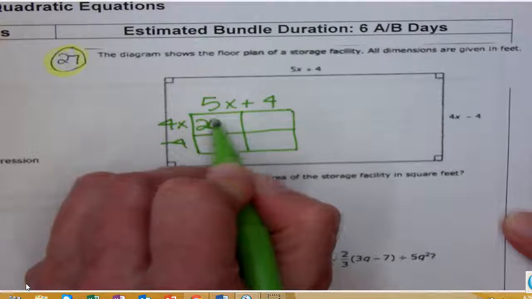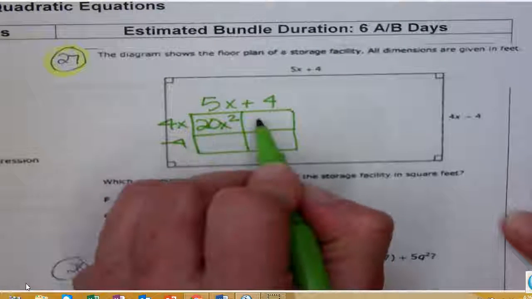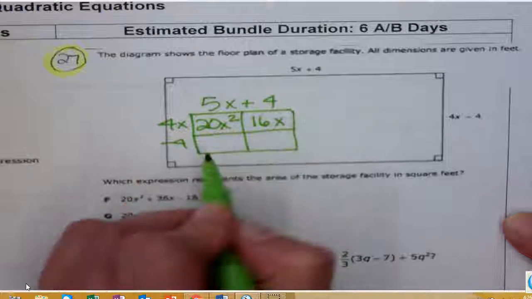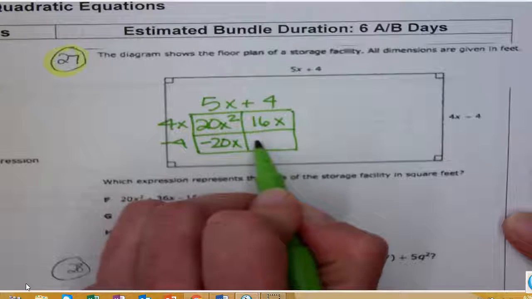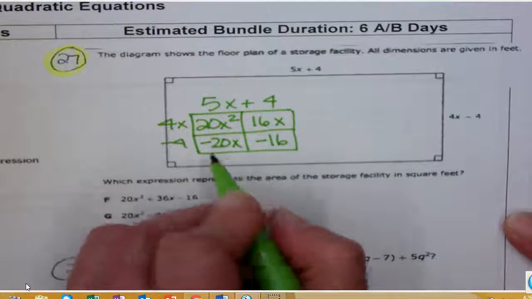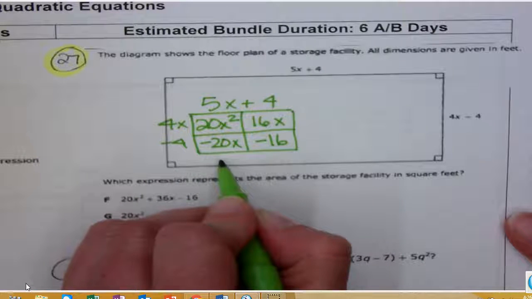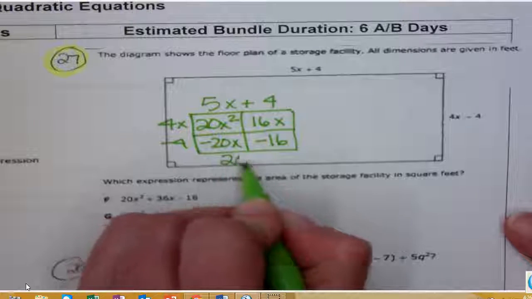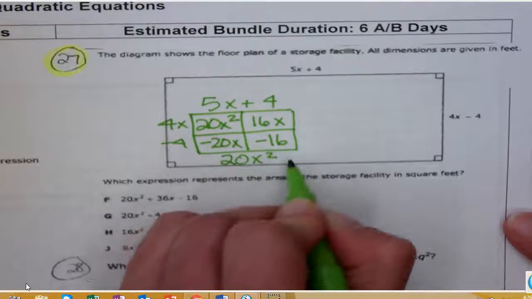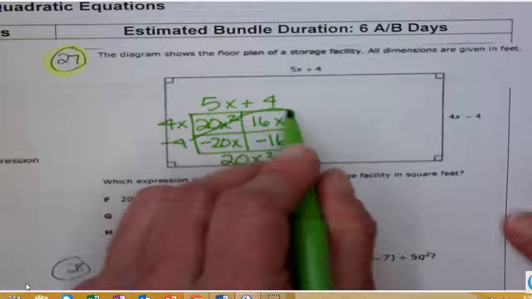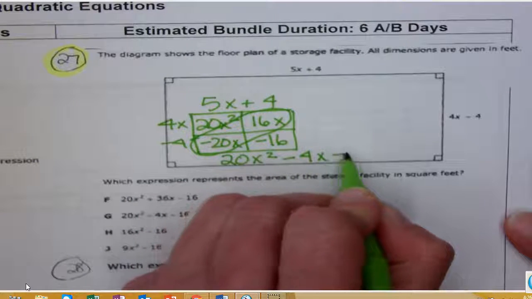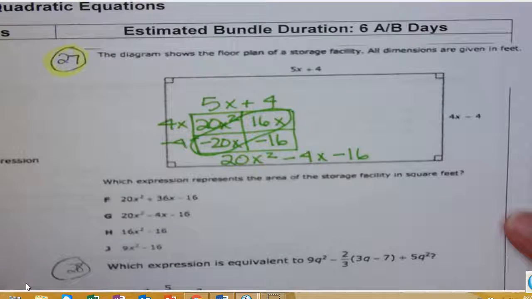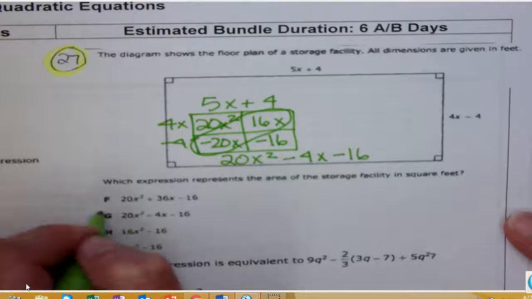You get 20x squared, 16x, -20x, and -16. So the answer would be 20x squared. Then we're going to combine these two, minus 4x minus 16.